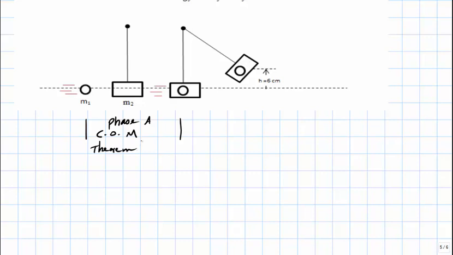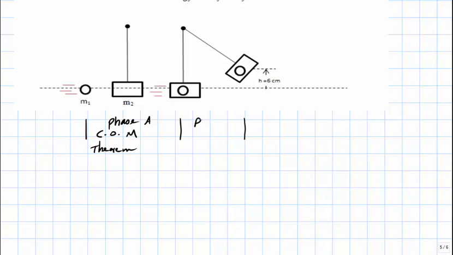governs this phase. Once the collision is over, as depicted in this diagram, the system travels to a maximum height of 6 centimeters. That portion of the problem is governed by the conservation of energy theorem.